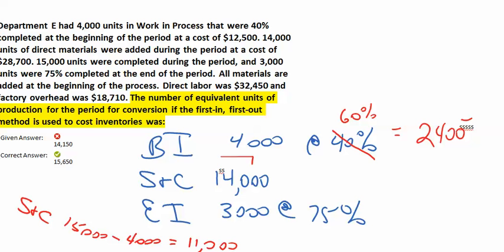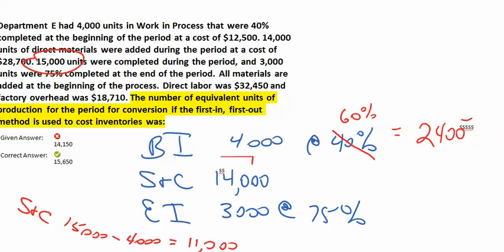Let me say it again. There were 15,000 units that were completed. That says it right here. 15,000 units completed. Of that, I'm using first in, first out, so the beginning inventory completes first. I completed 4,000 units. Some of them were partially completed, but I finished them off. But I finished all 4,000, so they transferred out to finished goods.